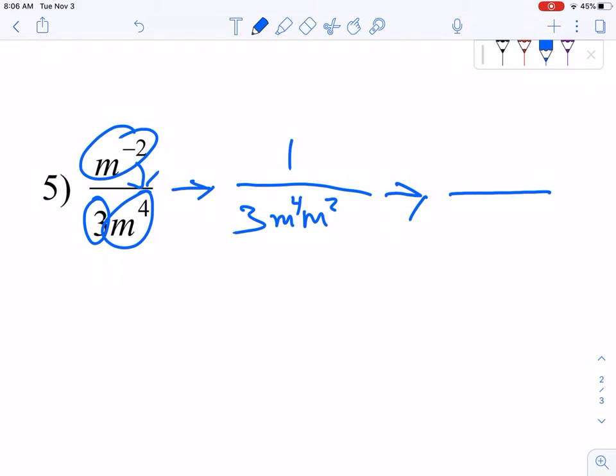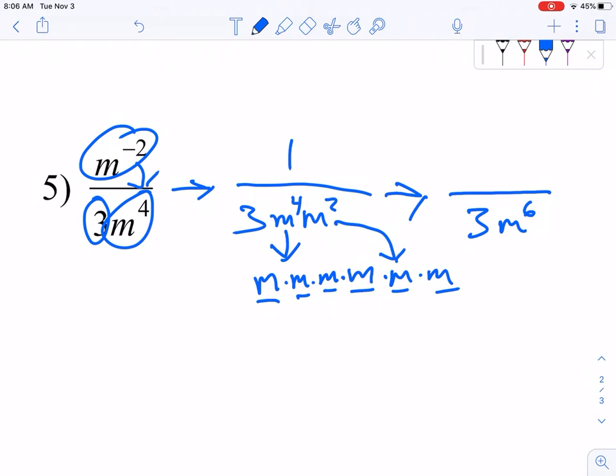I have 4 m's and 2 m's, so I actually have a total of 6 m's. Right? Because if we were to break this up, I have m times m times m times m. That's for my first term. And then for my second one, I have, these are multiplying down here, m times m. So now I have a total of 1, 2, 3, 4, 5, 6. So I actually have m to the 6th.